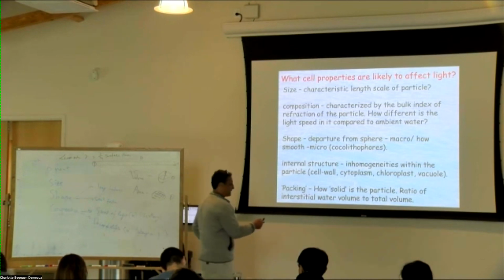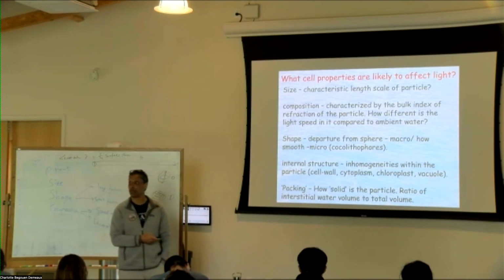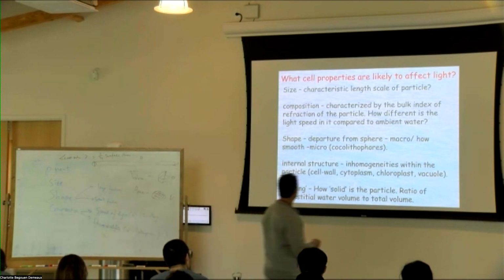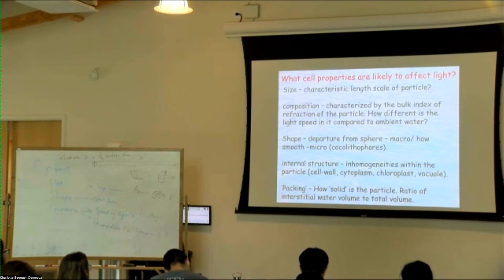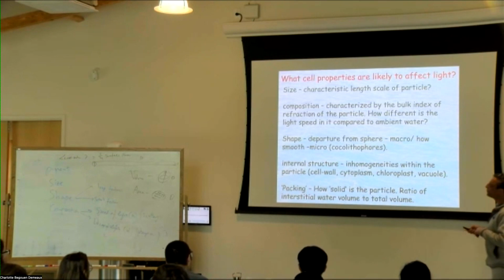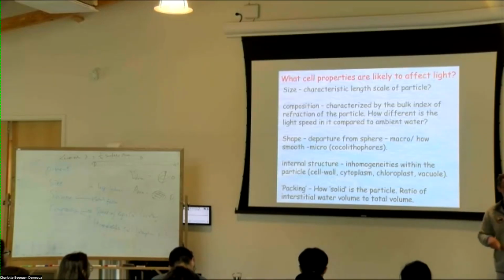So composition, we said it's the bulk index of refraction. How different is the speed of light in my particle and the water around it? Shapes, we talked about macro, and that's the smooth, and micro, the little departures from smoothness. Internal structure, when we look at this microscope and we collected the net yesterday to show Chelsea, and we spent I don't know how long just saying ooh and ah.